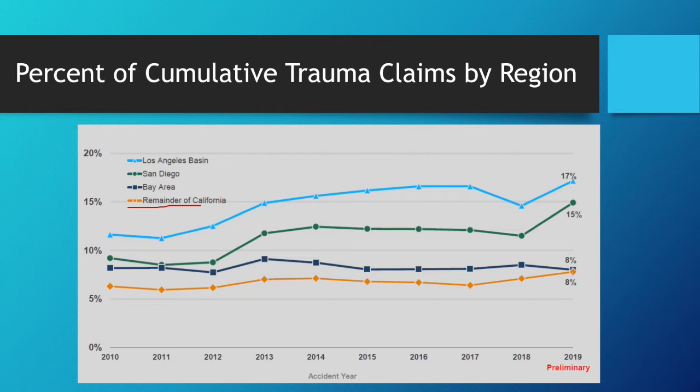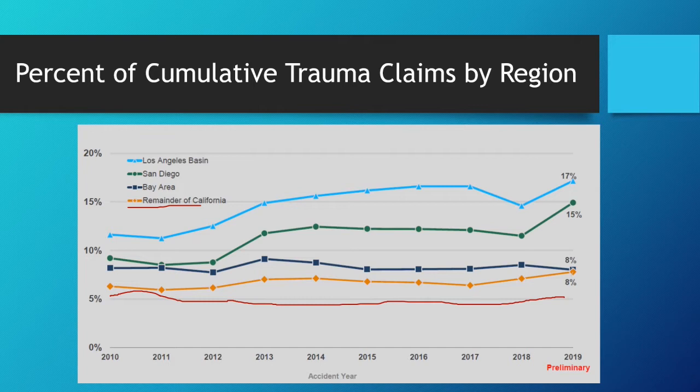And you can see that roughly since 2010 to now 2018, the rate of filing of cumulative trauma injury claims is relatively flat. And that's supposed to depict a flat line. Relatively flat with a recent slight increase from 2017 onward.